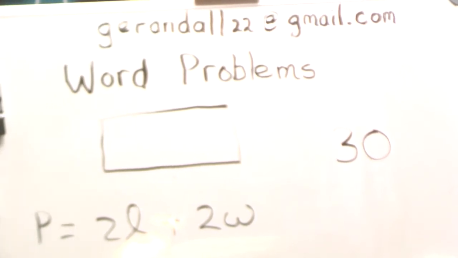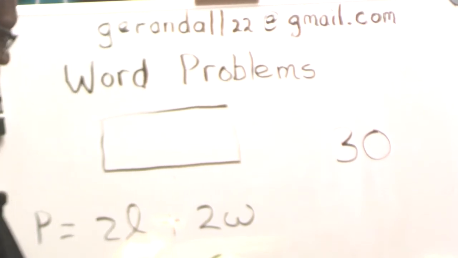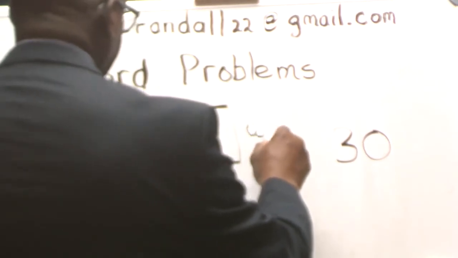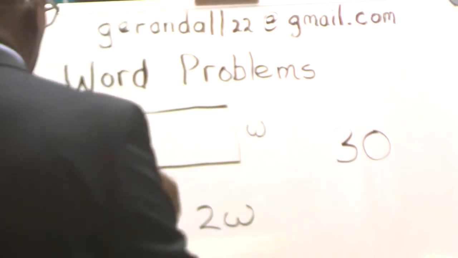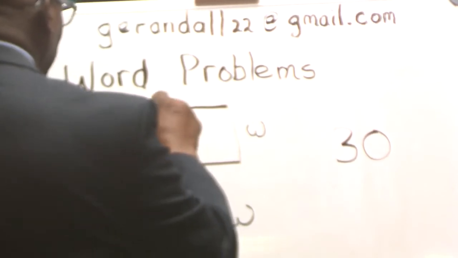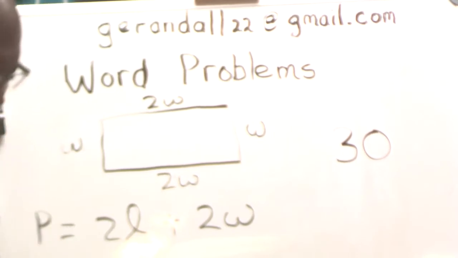Now that we've got the definition of a perimeter, it says the table is twice as long as the width. So we got the W for the width, and the length is 2W. That's what it means by twice as long. Okay?